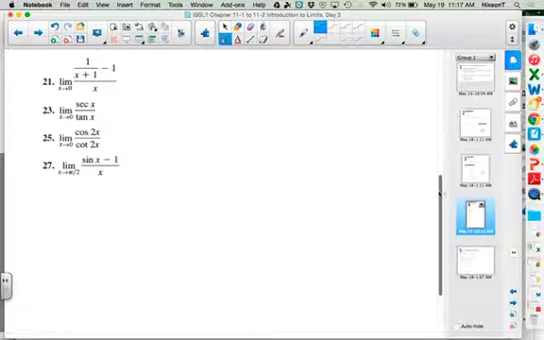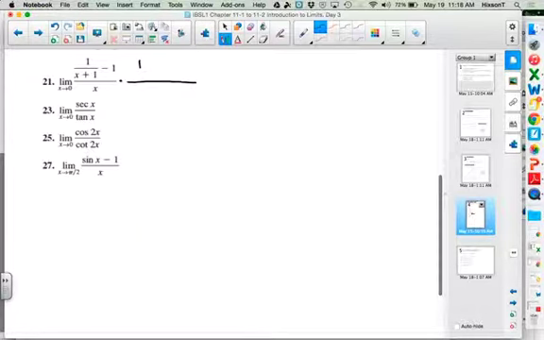Now, we talked about rationalizing when you had a radical, or trying to factor somehow if you didn't have a radical. In this case, it didn't fall exactly into one of those cases, but one of the things that we did was multiply by a conjugate.